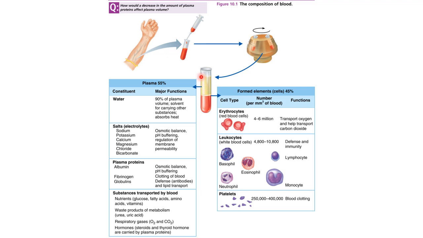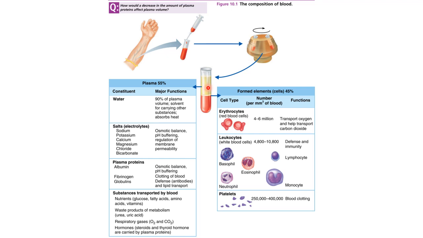So, if we are going to take the total volume of this tube and compare yung proportions occupied by red blood cells and white blood cells and plasma, we will have the following percentage. Okay? So, yung plasma, the water component, tapos mayroong nakadissolved na substances, will take up 55%.